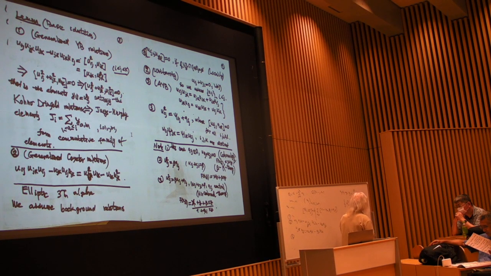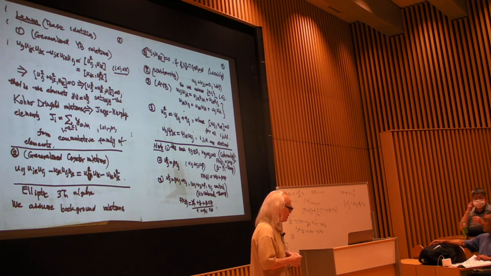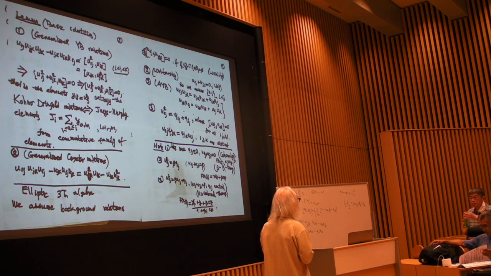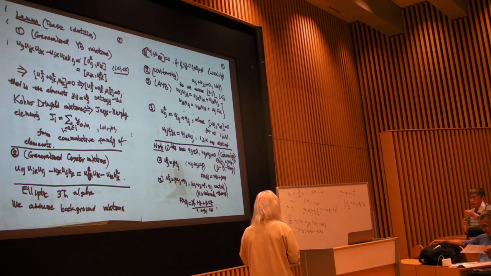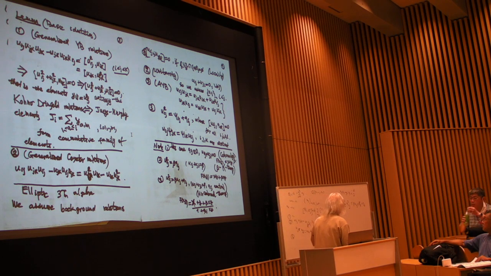But in some sense, I want to stress that this theory suggests that the real number of quantum corrections is equal to the dimension of the cotangent bundle.